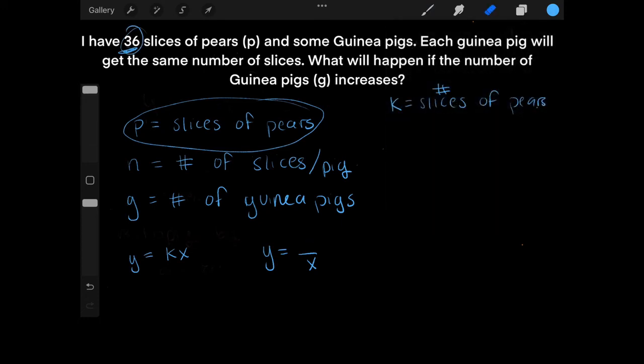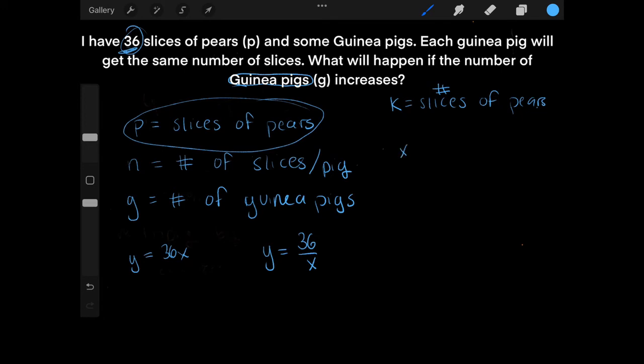So instead of saying k, we can write 36. Now we have to find our x, or our input variable. So what variable are we voluntarily changing? Well, we are changing the number of guinea pigs. So that is our input, or we can also call it an independent variable.